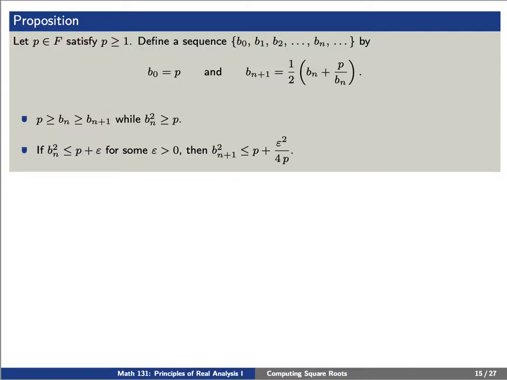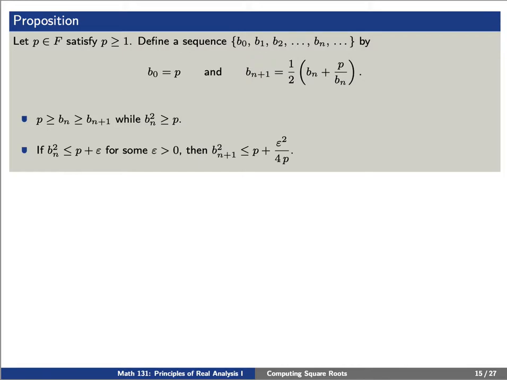We have a similar statement now using decreasing sequences. Let's define a sequence b0, b1, b2, and so forth in the way that you see here on your screen. We'll start with b0 equal to p, and then define recursively b sub n plus 1 as 1/2 times (b sub n plus p over b sub n). Now we have a sequence b sub n where each b sub n is less than or equal to p, and also b sub n plus 1 is less than or equal to b sub n.